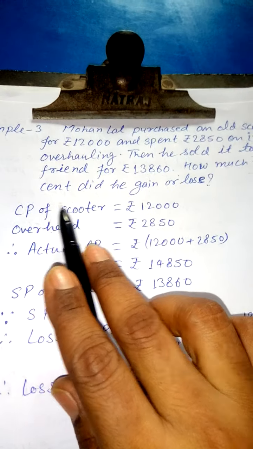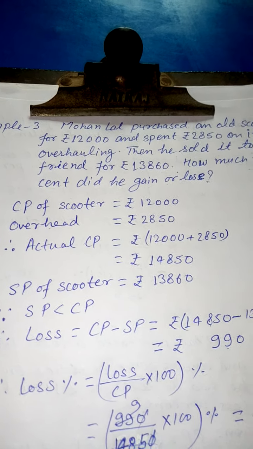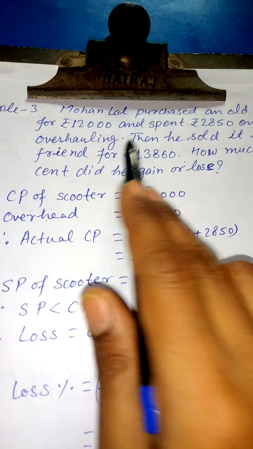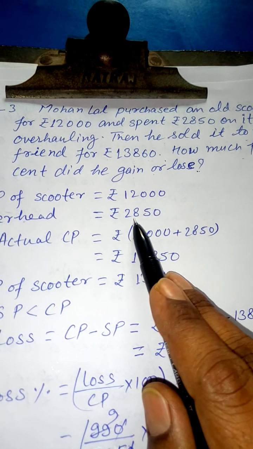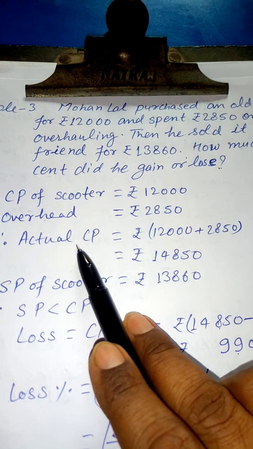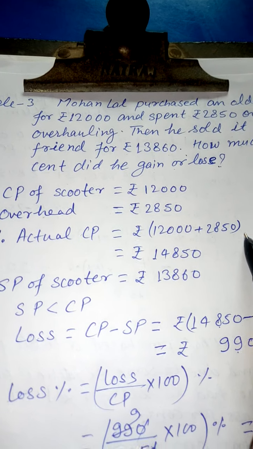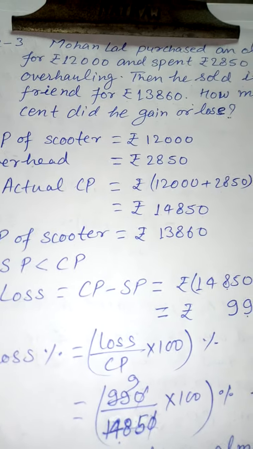So here the cost price of scooter is 12,000 rupees and overhead expenses like overhauling of the scooter, that is rupees 2,850. Therefore the actual CP of the scooter will be 12,000 plus 2,850, which is 14,850 rupees.